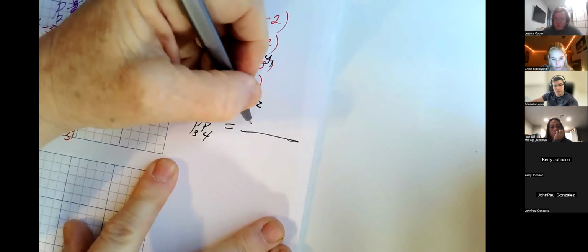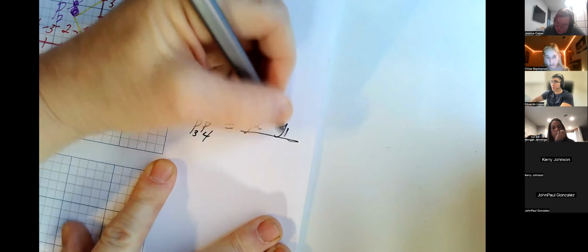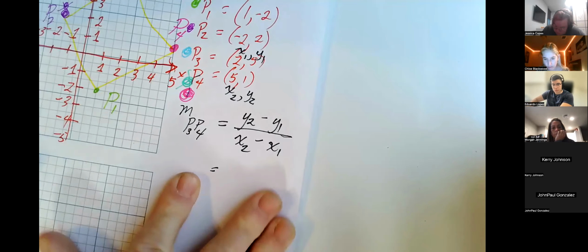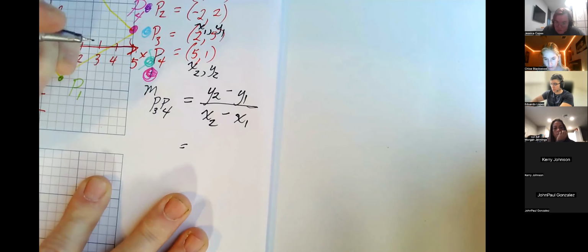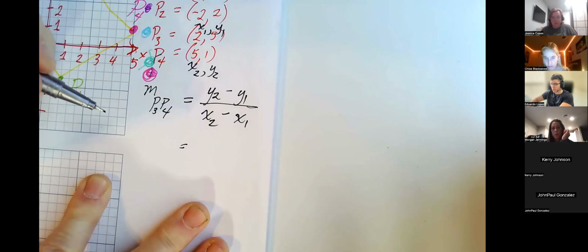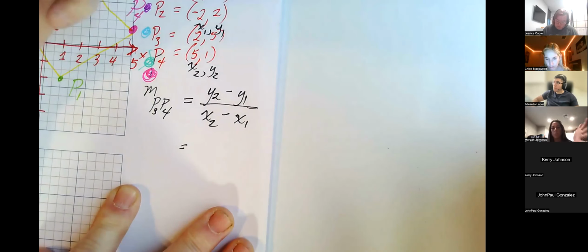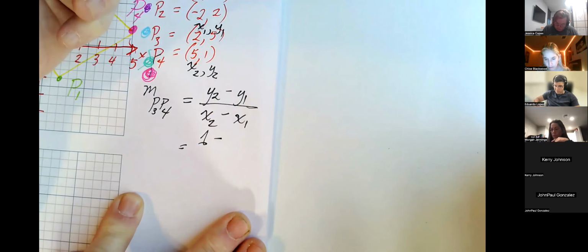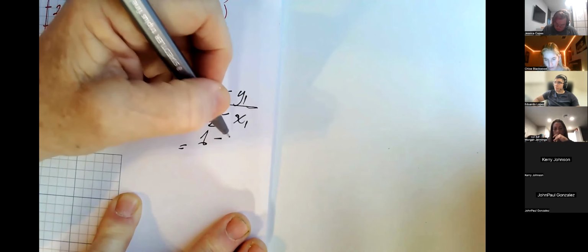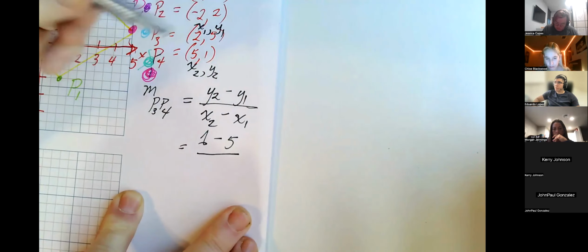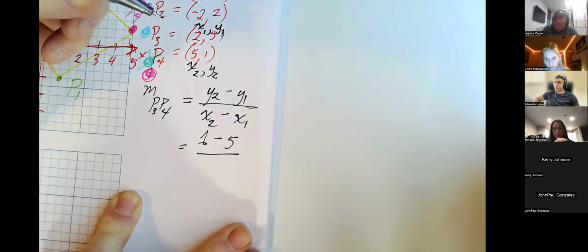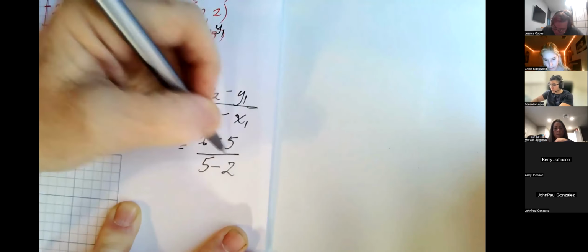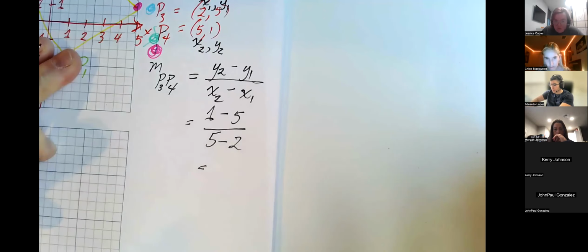And the formula for slope is Y2 minus Y1 divided by X2 minus X1. So for us, what is Y2? 1. Oh, good. And Y1? 5. And X2? 5. And X1? 2. All right, good. In the numerator, in the top, what do we have?